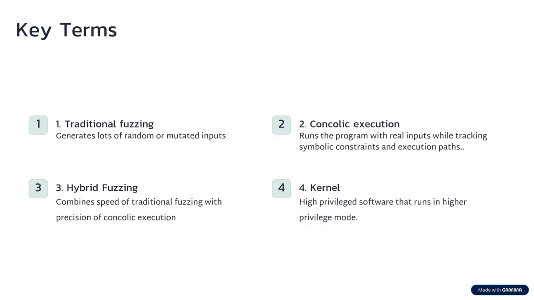And then finally, we have the kernel. The kernel is high privilege software, and specifically in this context, fuzzing an operating system's kernel is significantly more complex than fuzzing a typical program that runs in user space. Kernel fuzzing has to deal with things called indirect control transfers, system call sequences, and stateful interactions.